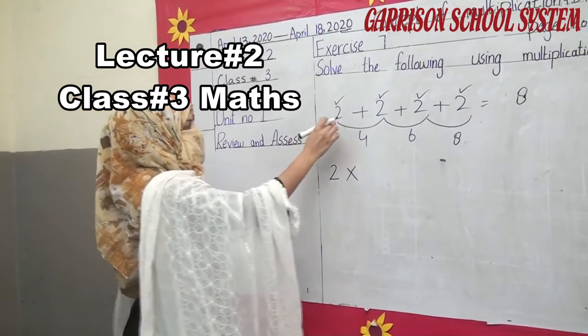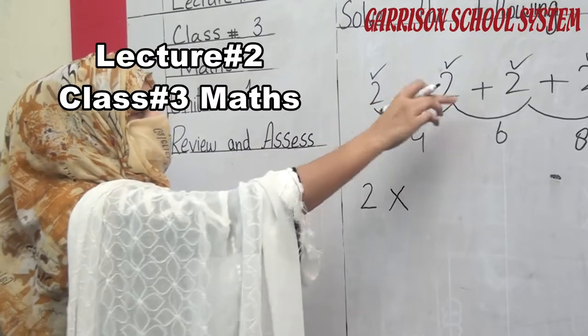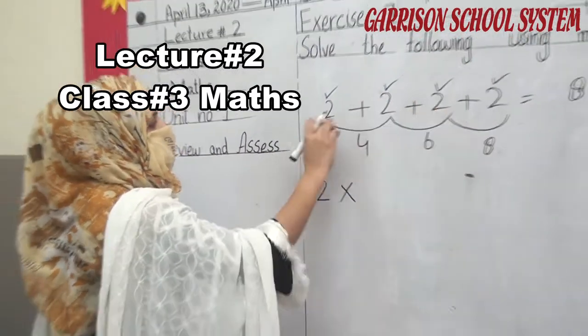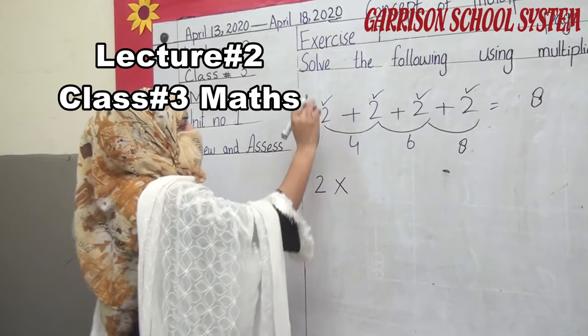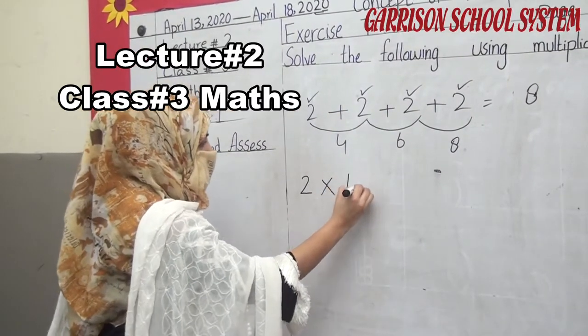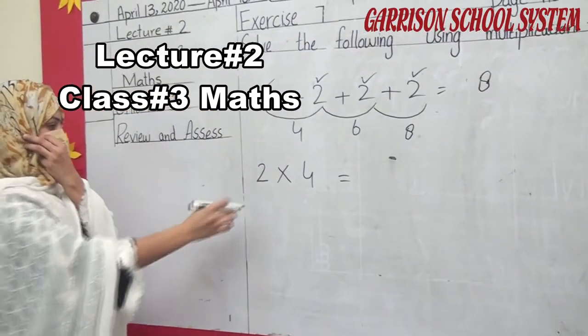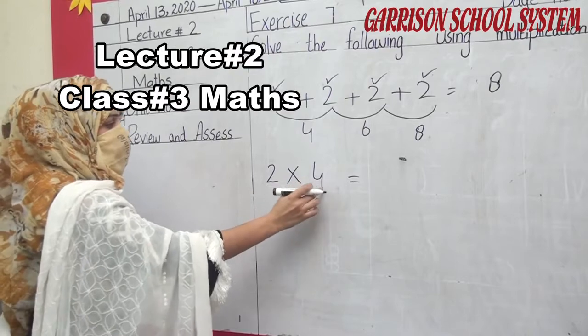So first we write the number 2. Now we will write how many times 2 is added. Here is 1 time, 2 times, 3 times, 4 times. So I write the 4 here. So I multiply 2 by 4.